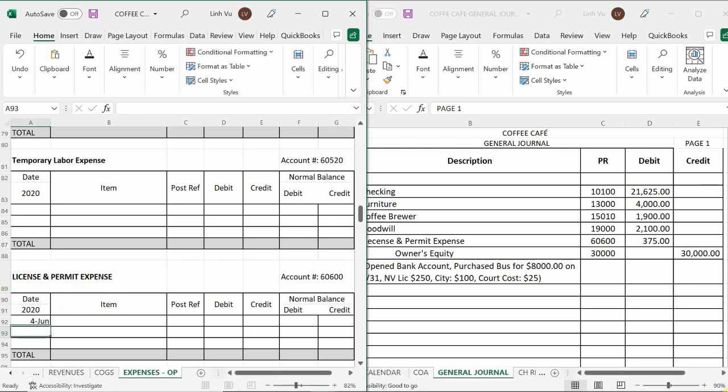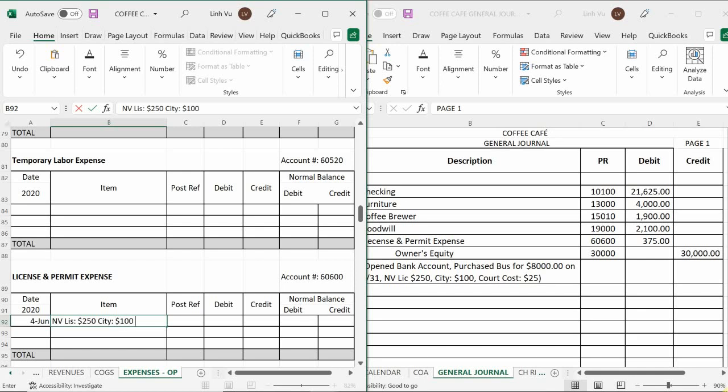Right? It is June 4th. And we got the permit, we got the Nevada license. Okay. For $250. Right? We got the city license for $100. Okay.